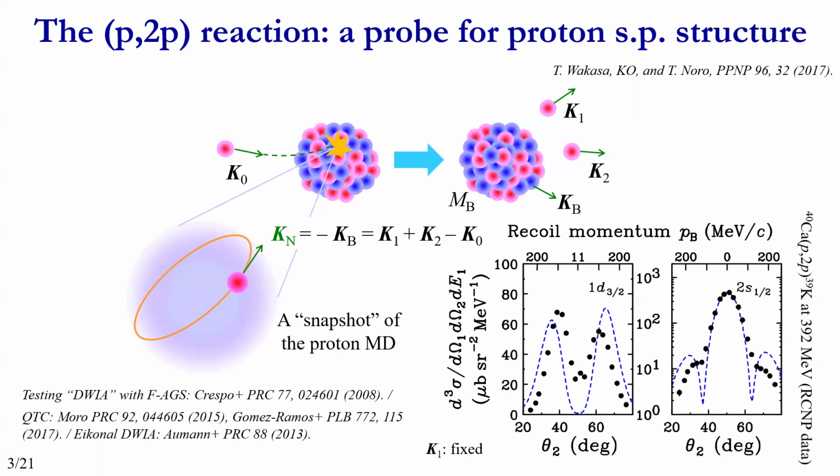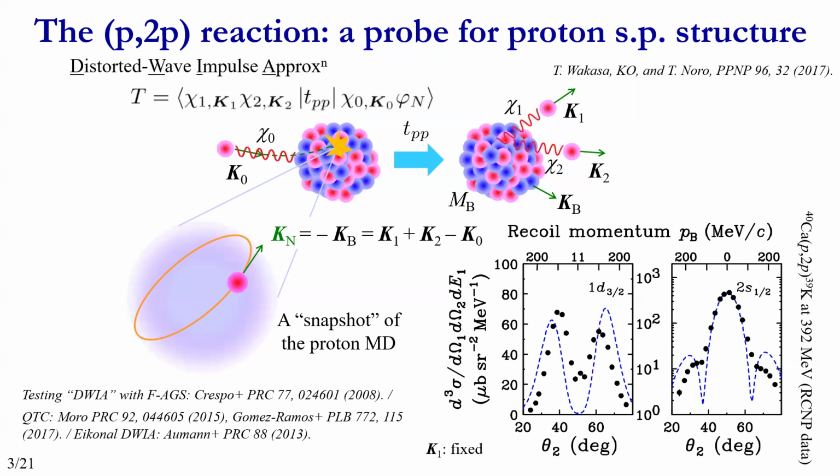And actually, the blue dashed curves show the result calculated in the plane wave limit, which can be understood as the absolute square of the momentum distribution. You can see a good correspondence between the curve and the experimental data, right? But some of you may be concerned by the difference that remains, but that is because of the missing distortion for the incoming proton and outgoing protons.